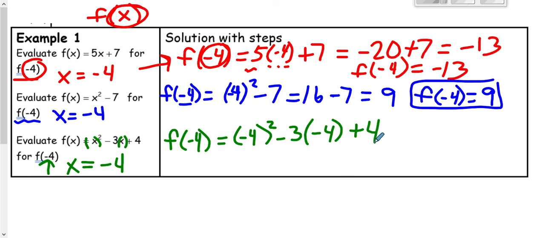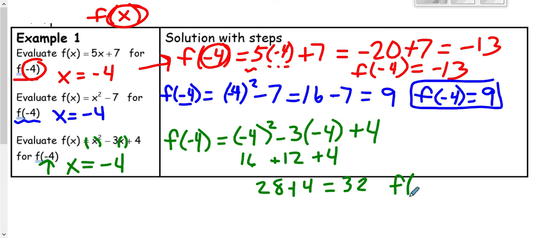If we simplify all that, -4 squared is 16. -3 and -4 is a positive 12, and then plus 4. Keep simplifying. 16 plus 12 would be 28, plus 4 would be 32. So f of -4 for this function would be 32.